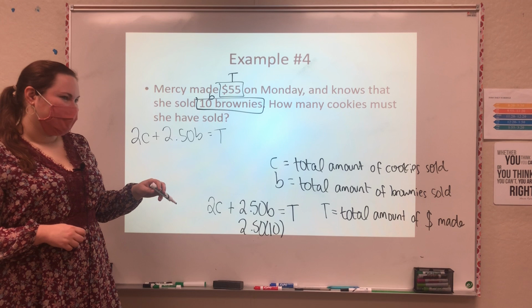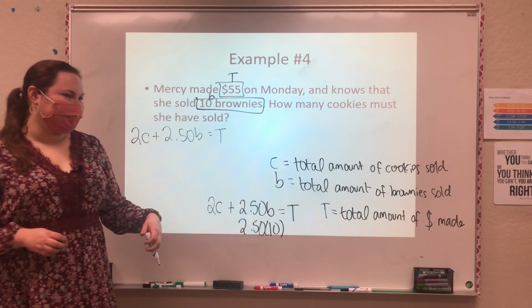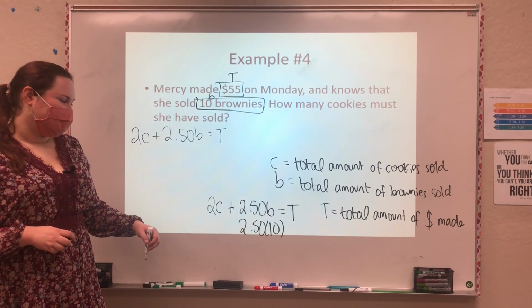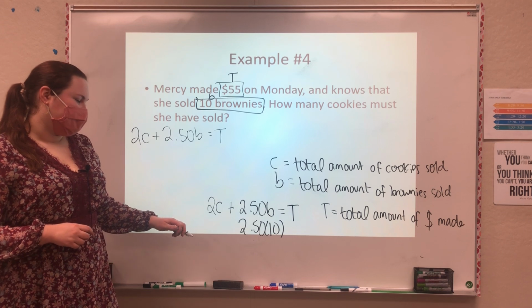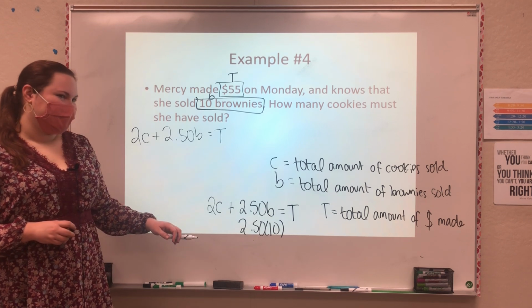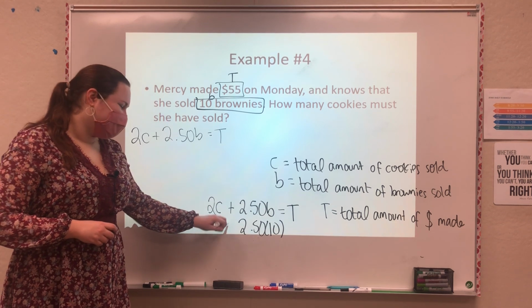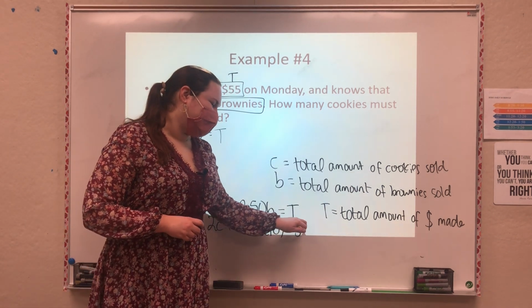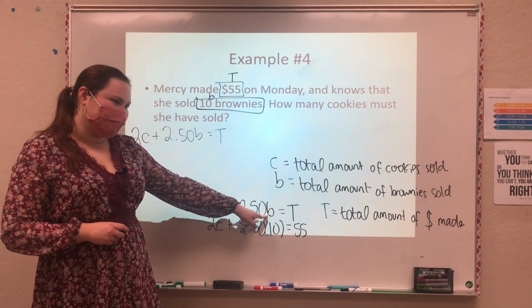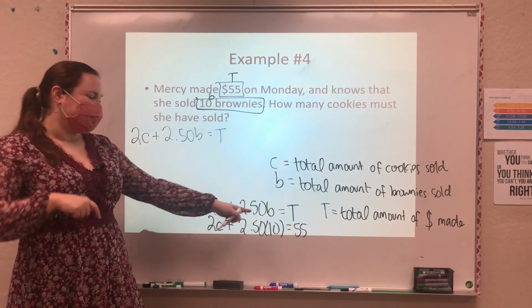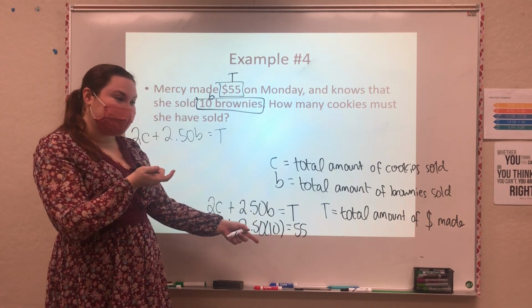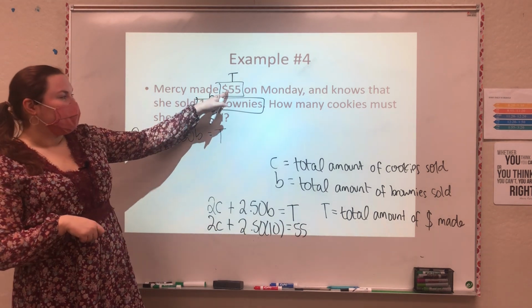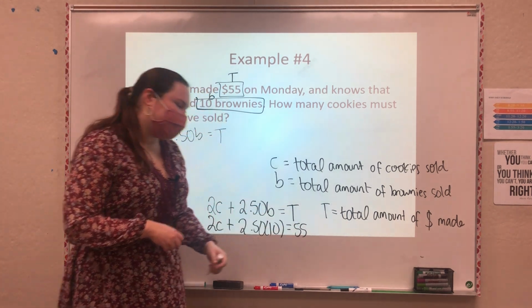You're jumping ahead to some of the math. So we need 2C plus 250 times 10 equals 55. Yeah, the same thing we did here. When you told me B is 10, ooh, there's the math word, we substituted 10 for B. Same idea. Francis said, let's put that 55 in for T.